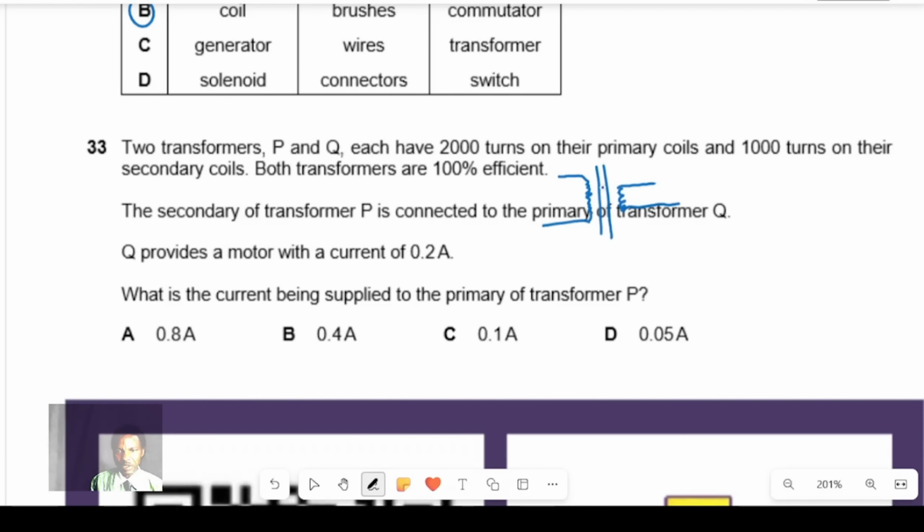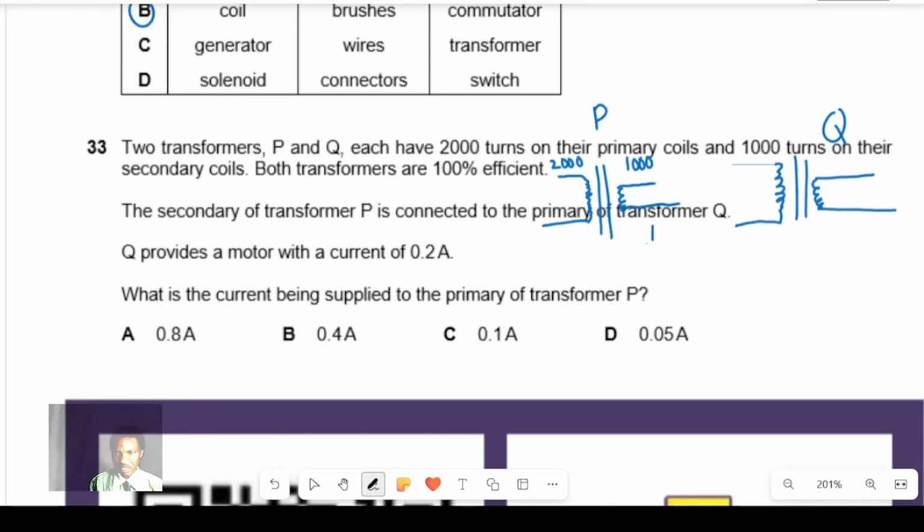So this is P, and then you have transformer Q. So transformer Q is now connected again, and then this one goes like this. Okay, so now here is 200 turns and here is 1000 turns.